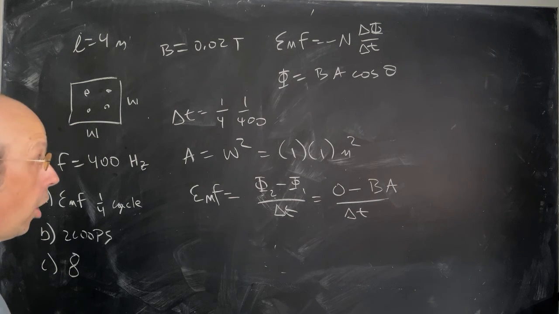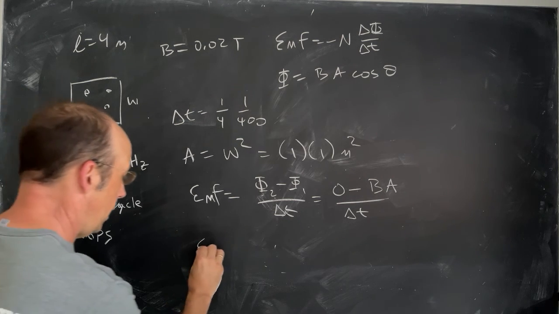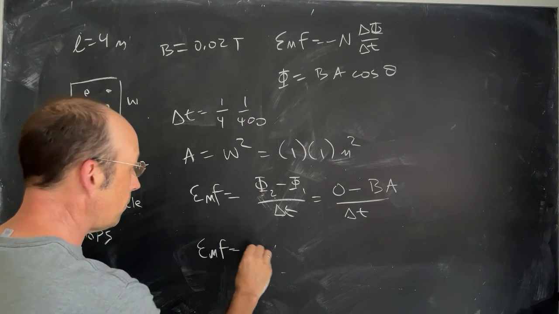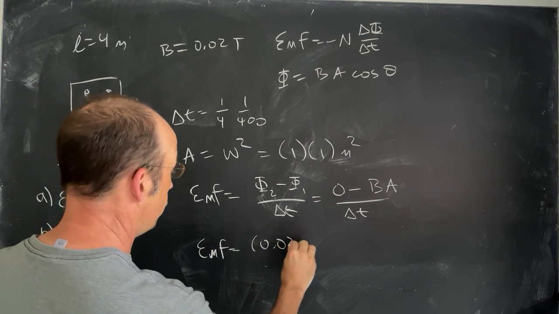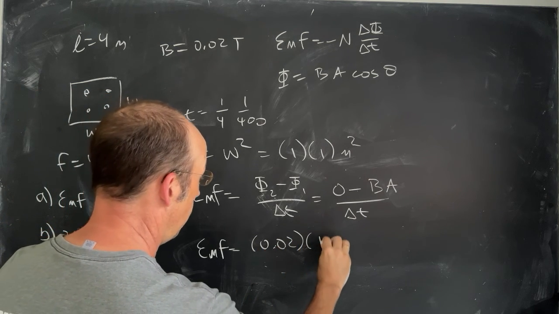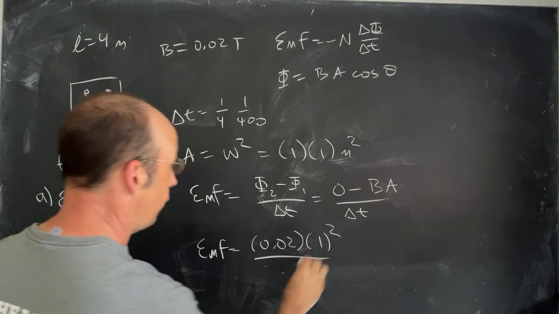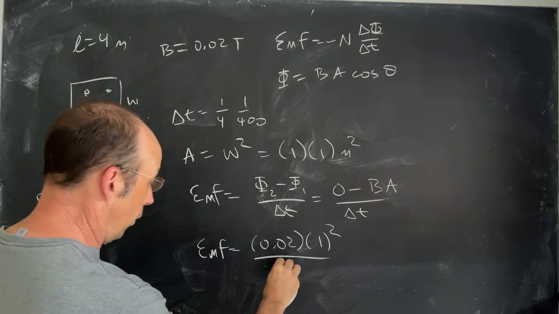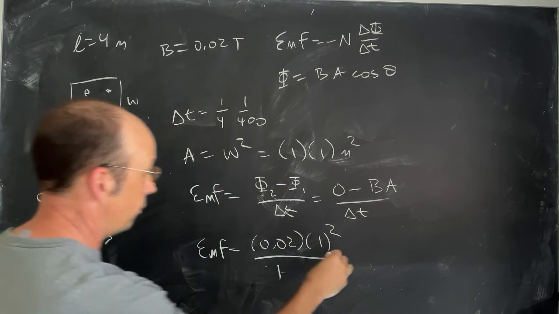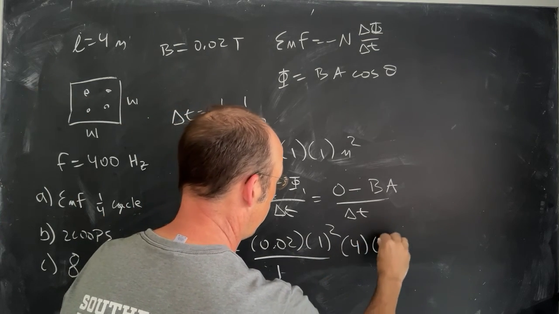Let's put it all together. EMF is going to be B, 0.02, times the area, which is 1 squared, divided by delta t, which is 1 over that. So it's actually 4 times 400.